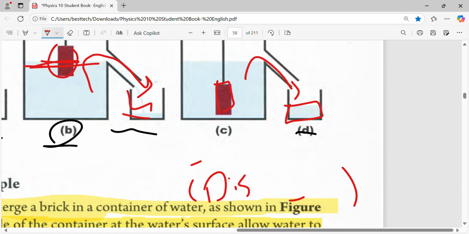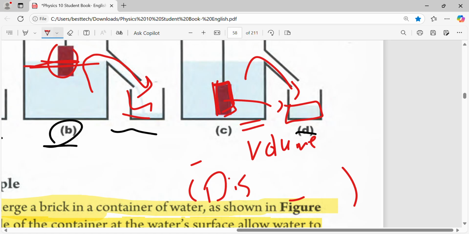The volume of this displaced fluid is equal to the volume of the brick that you brought down under the water. It means both volumes are equal. This actually is true, so it depends on the volume of the brick that you put under the water.